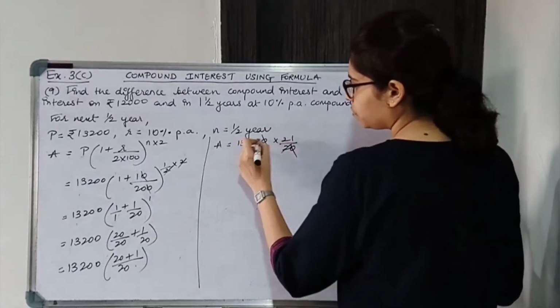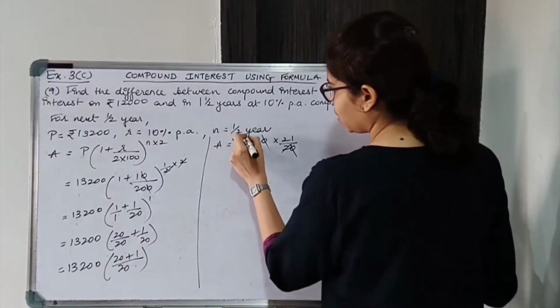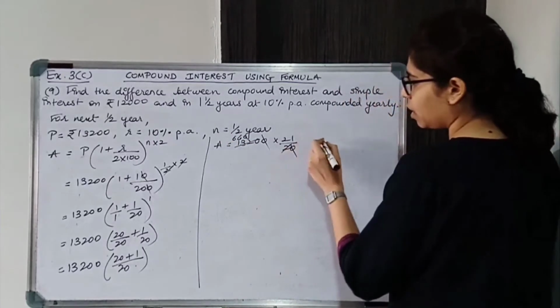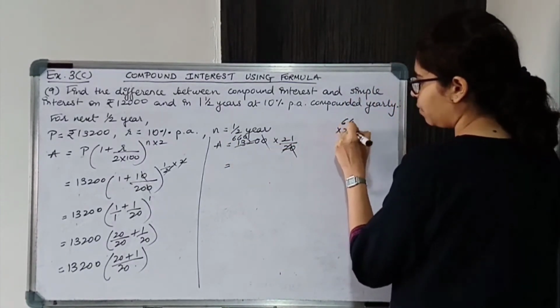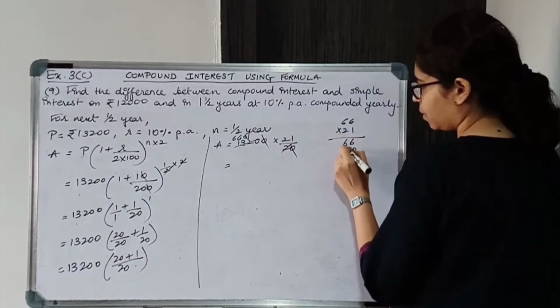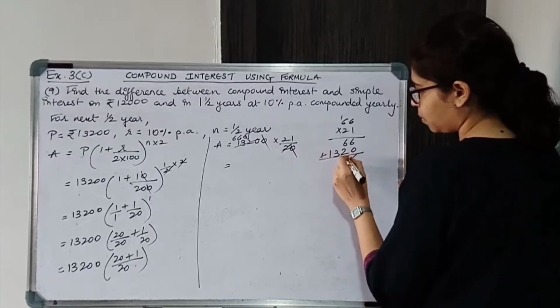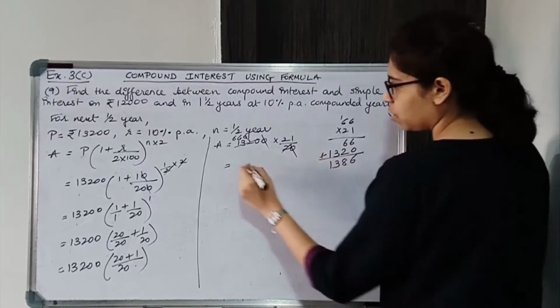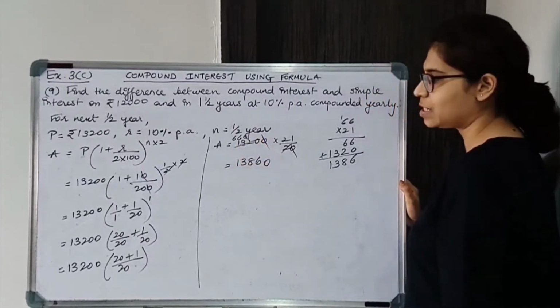So 2 sixes are 12, 2 sixes are 12, and 0. So 660 into 21. So 66 into 21. 2 sixes are 12, 2 sixes are 12 plus 1 is 13. So 1386, and there was 0, 660 tha.